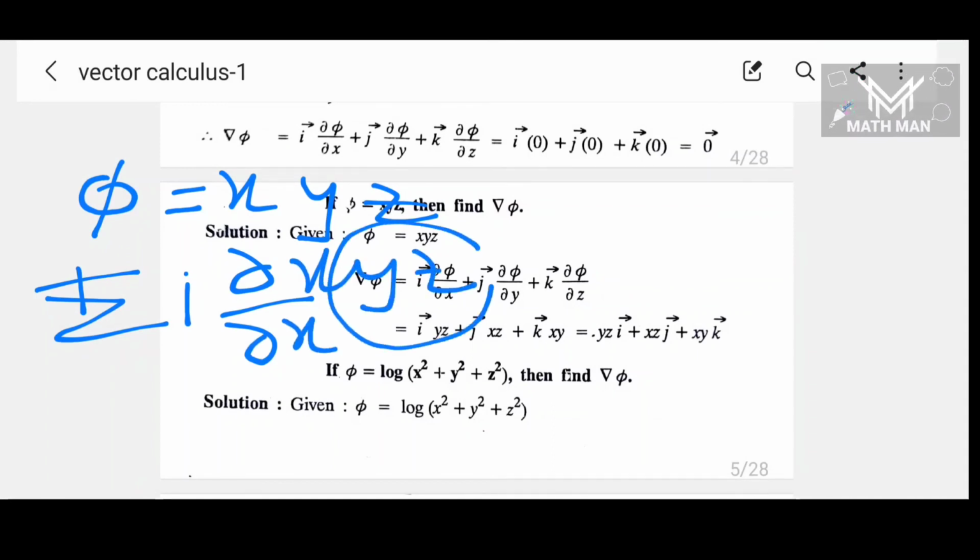Here y and z are not differentiable with respect to x, so let us take them outside.